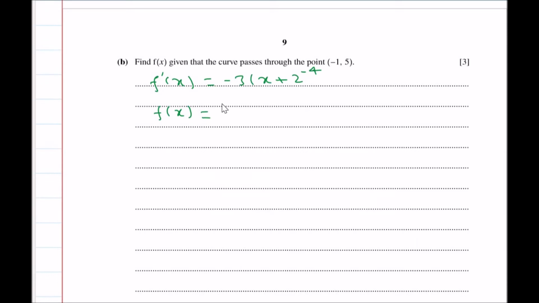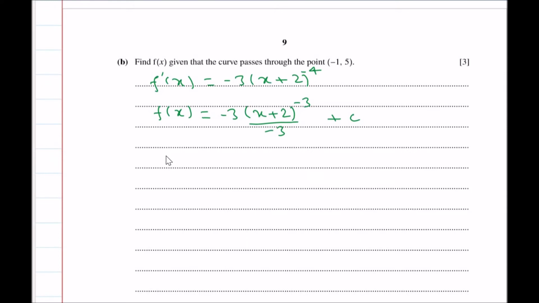And if you are integrating minus 3 as it is, then (x plus 2) to the power becomes minus 3, because minus 4 plus 1 you get minus 3, divided by minus 3, and here comes plus the constant.